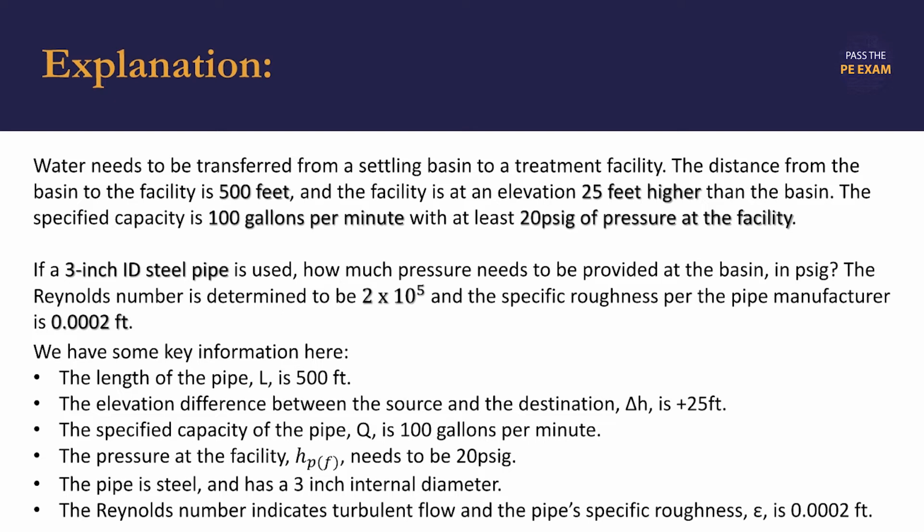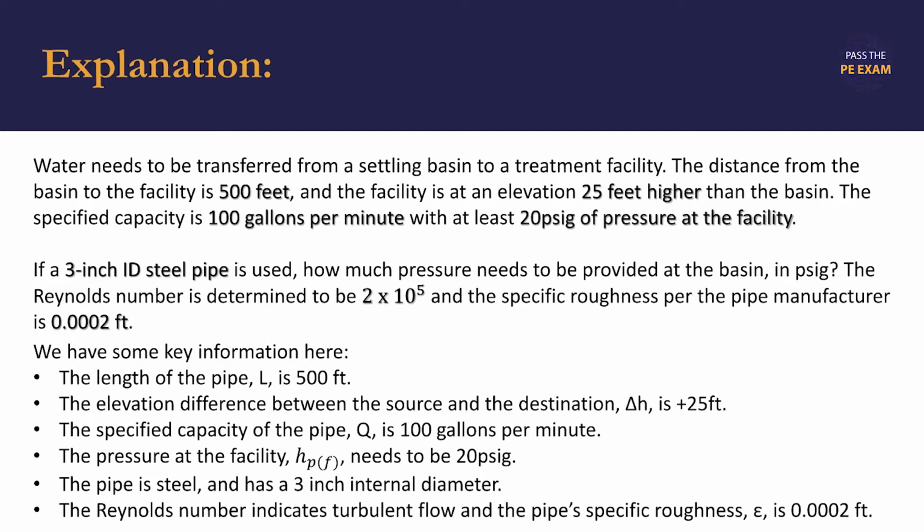Now, recall that anything less than a Reynolds number of 2000 falls within laminar flow, and anything above 4000 is turbulent flow. Accordingly, 2 times 10 to the 5th is well within the range for turbulent flow. So this will dictate the equation that we use to solve this problem, but we'll get to that in a little bit. We're also told a couple other pieces of crucial information.